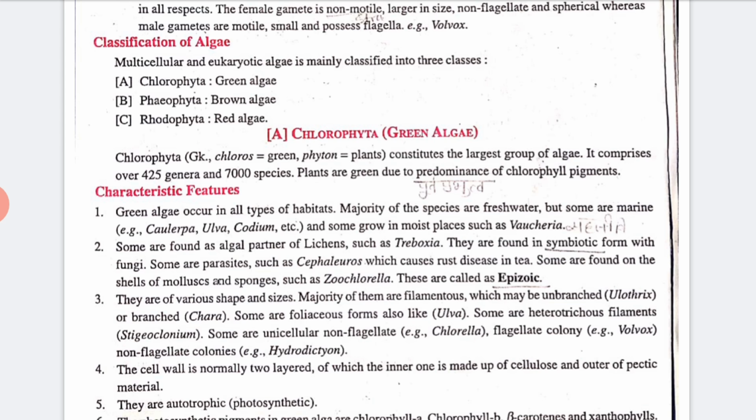Generally they are autotrophic because they have photosynthetic pigments. The photosynthetic pigments in green algae are chlorophyll a, chlorophyll b, and beta carotenoids.